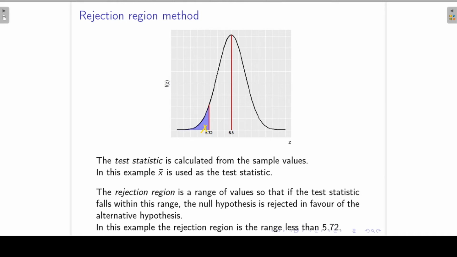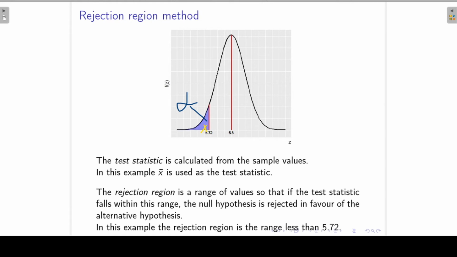Now, the rejection region is calculated in such a way so that the area to the left of my cutoff value, that blue area, is equal to my alpha, my level of significance. In our example, we have set alpha as 0.05, a 5% level of significance. So that blue area is 0.05.